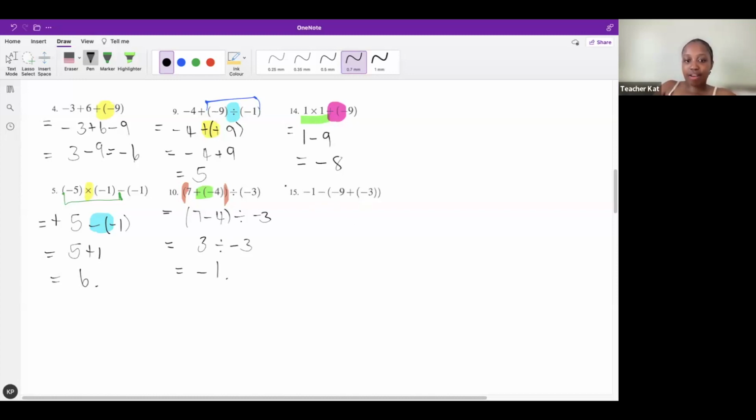Okay. Again, we have brackets. So that means I'm going to leave this -1 alone for a moment. Minus, and then I'm going to open my brackets. It's -9. I have another positive negative. That positive negative is going to give us what?